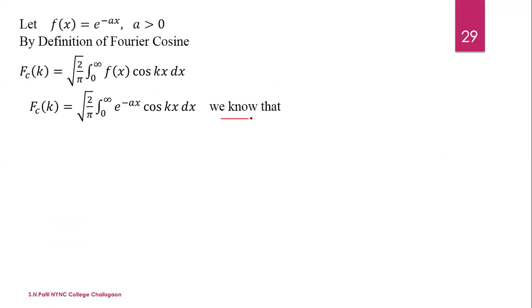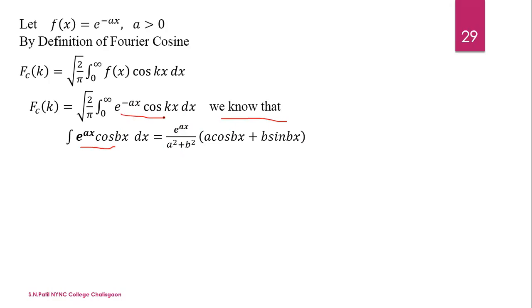Now see, we know that the integration formula of e raised to ax cos of bx dx is equal to e raised to ax divided by a square plus b square in bracket a cos bx plus b sin bx. Now compare this formula with the given equation, then we get the value of a is minus a and b is equal to k.